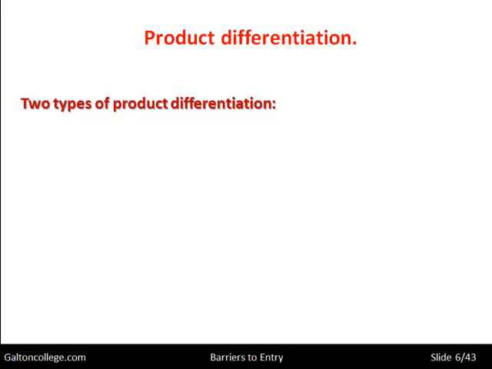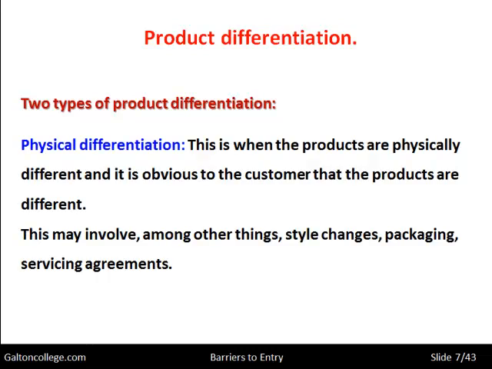There are two types of differentiation that we may distinguish. The first is physical. This is when the products are physically different and it's obvious to the customer that the products are different. Different shape, different size, different design. So there are all sorts of ways in which products can be differentiated.